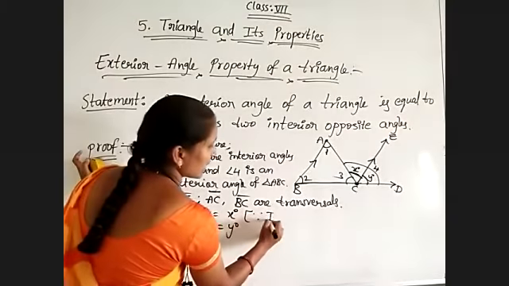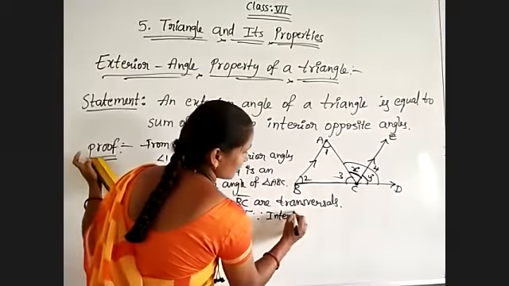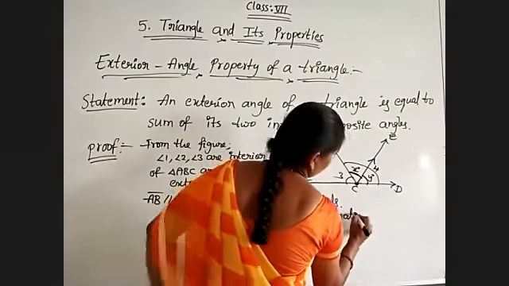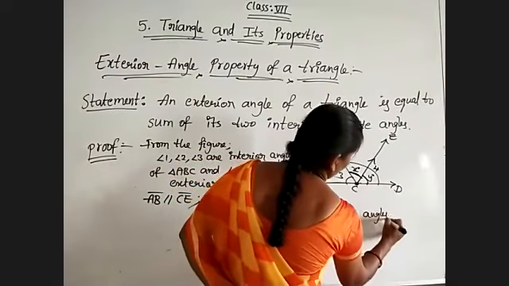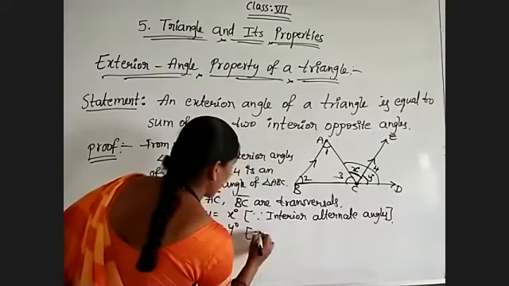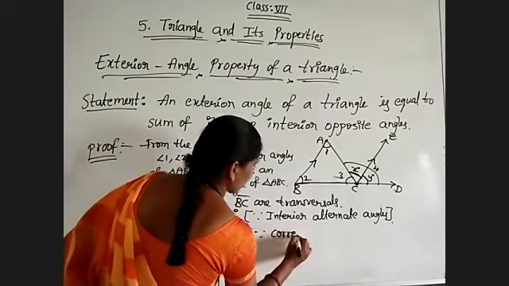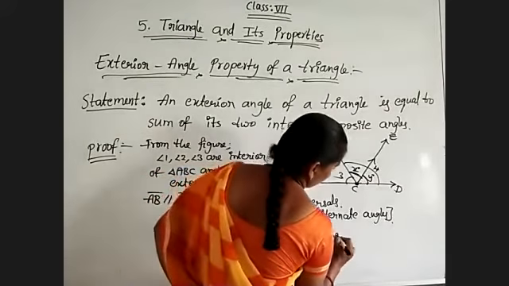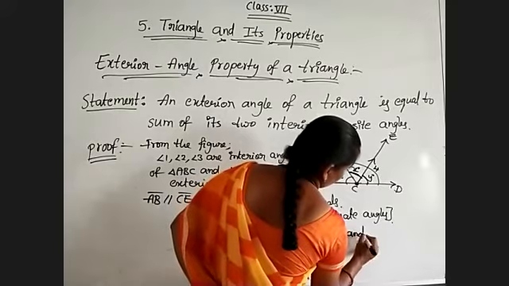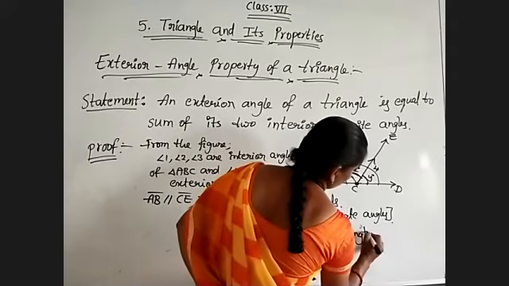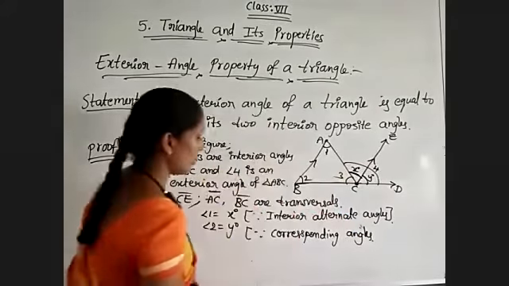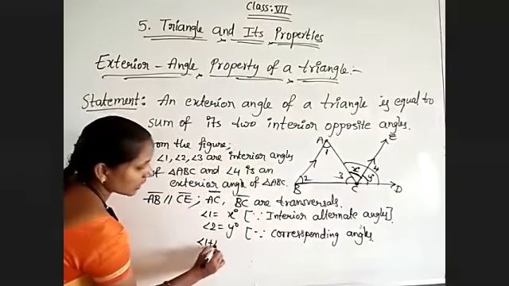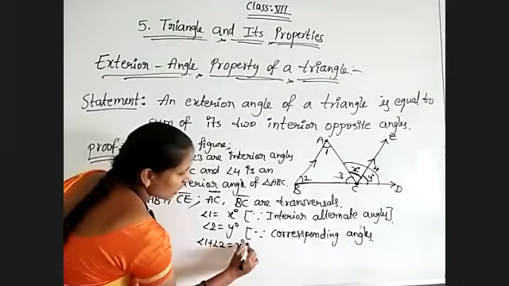So first interior alternate angles, and secondly, we are getting corresponding angles. Then it is very clear that angle 1 plus angle 2 will be equal to x plus y.